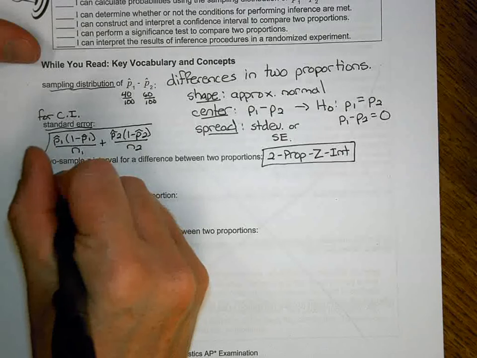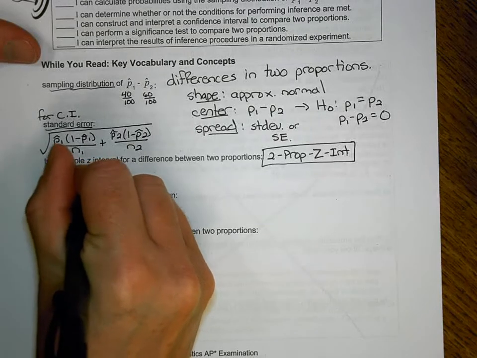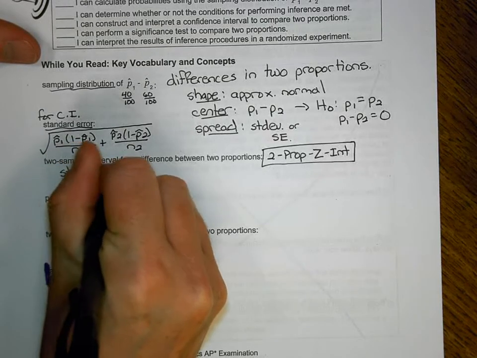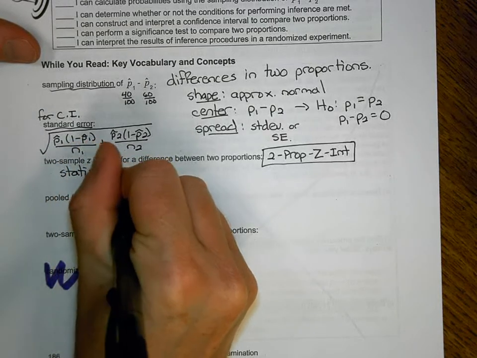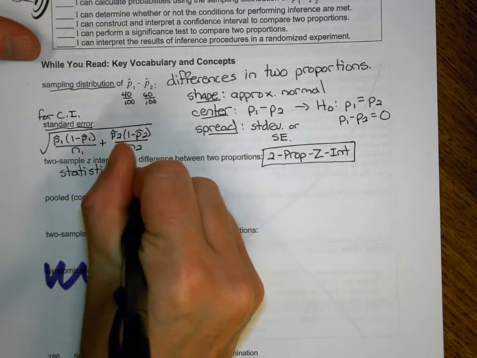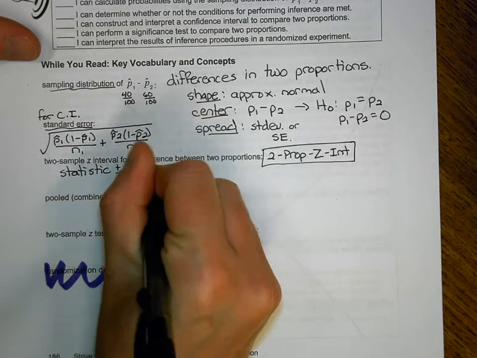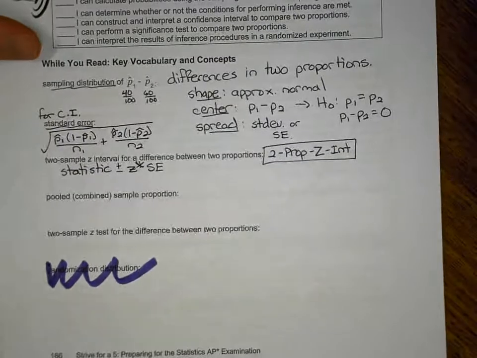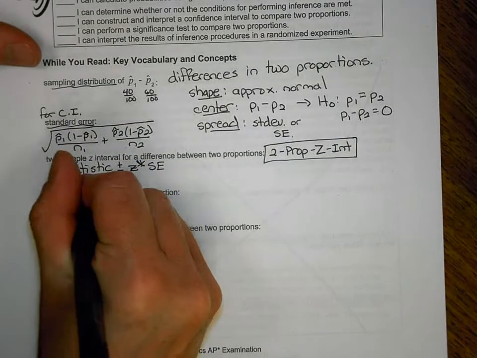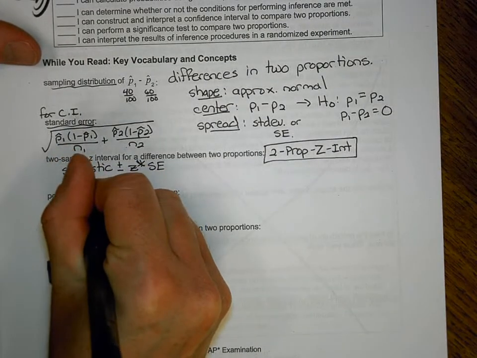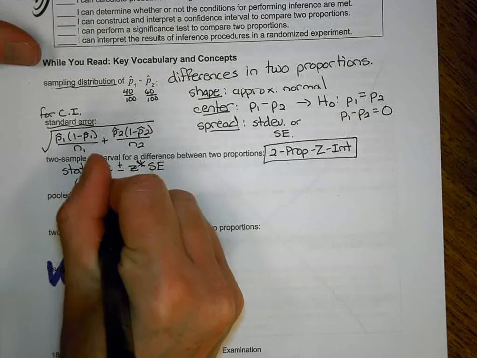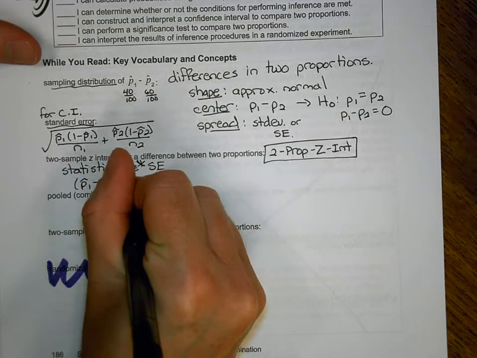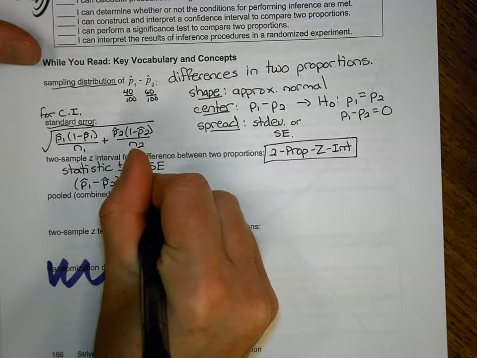The actual formula has always been your statistic plus or minus the critical value, which is z star, times your standard error. The statistic in our case now is going to be the difference of those two sample proportions, plus or minus your z star.